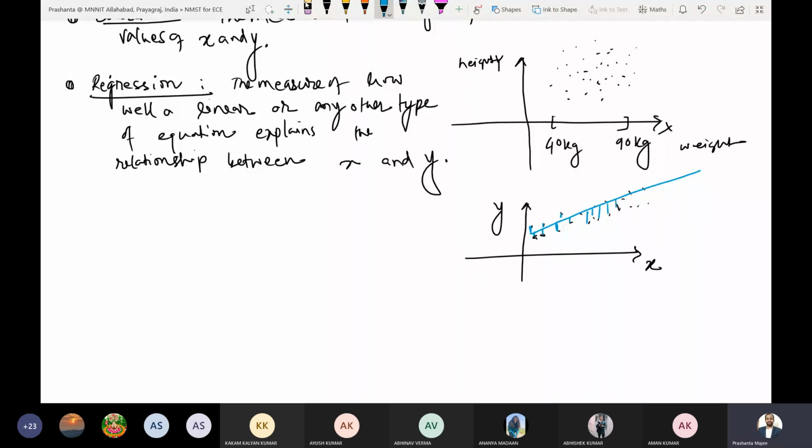Yes, sir. हर एक point पे curve से difference निकालो, तो that is the error in that data point, and then you square these errors and add them.